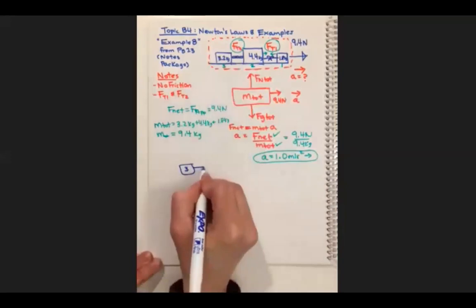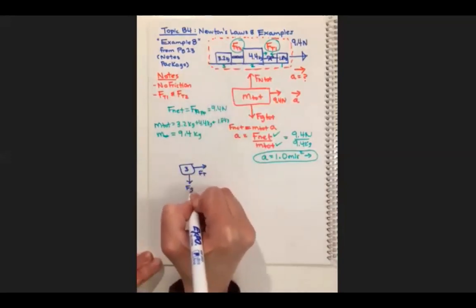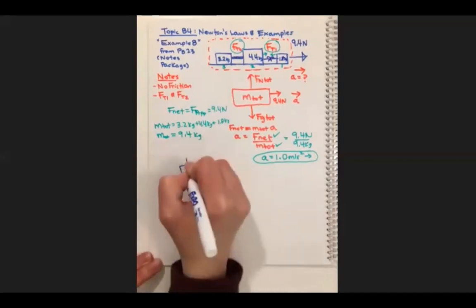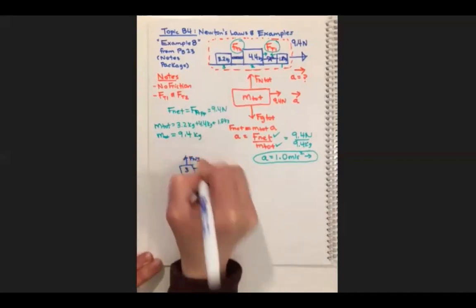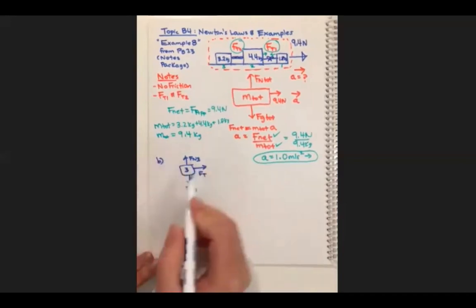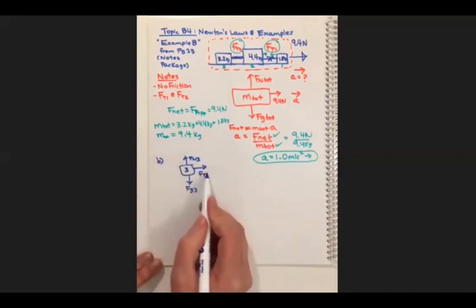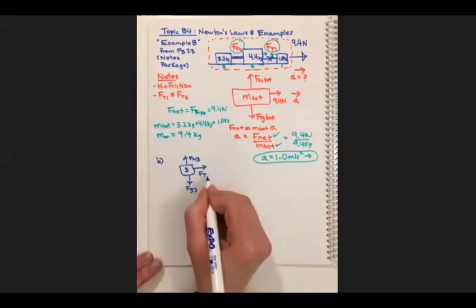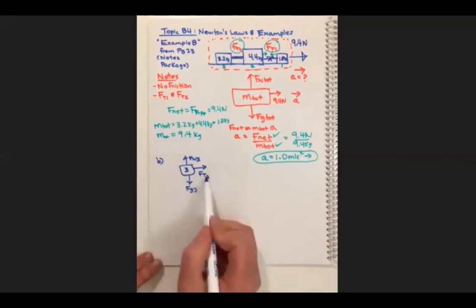It has a force of tension to the right, force of gravity down, normal force up. There's nothing on this side, so this is the simplest free body diagram to use to solve for an internal force. This is the force of tension 2, which is the force of tension between objects 2 and 3.